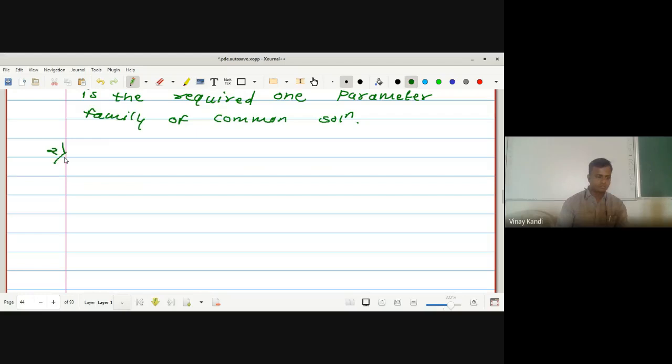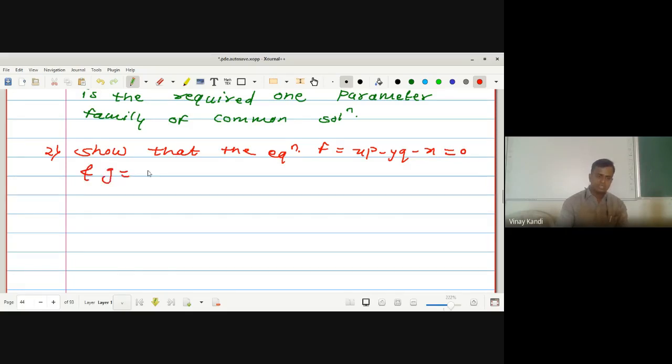Solve this example. Example number 2. Show that the equation f is equal to xp minus yq minus x, which is equal to 0, and g is equal to x square p plus q minus xz, which is equal to 0, are compatible.